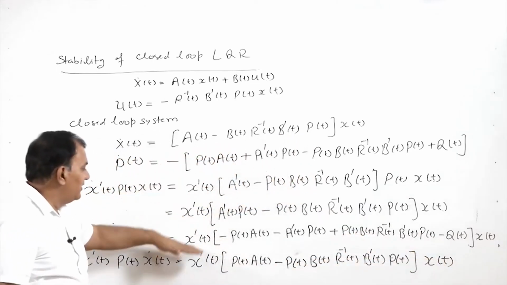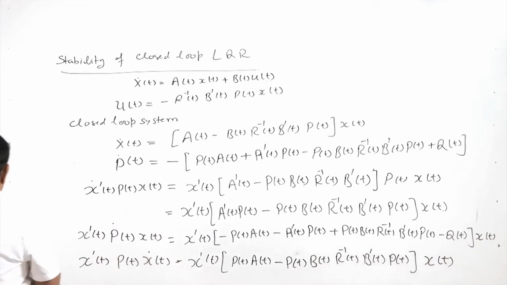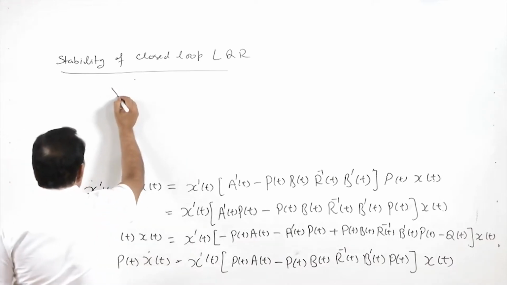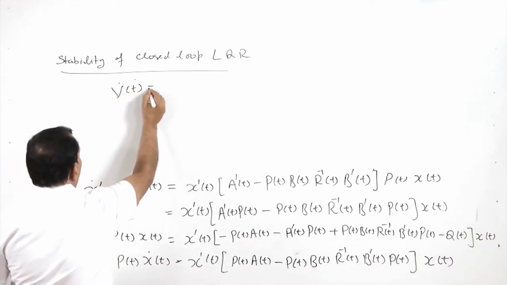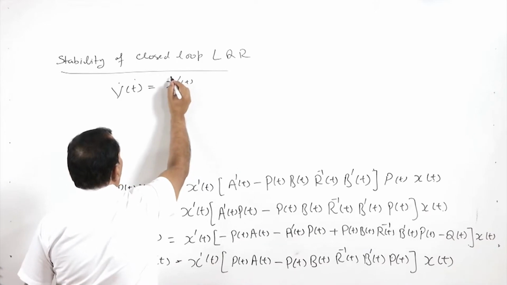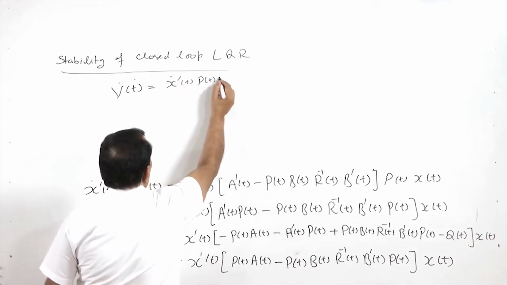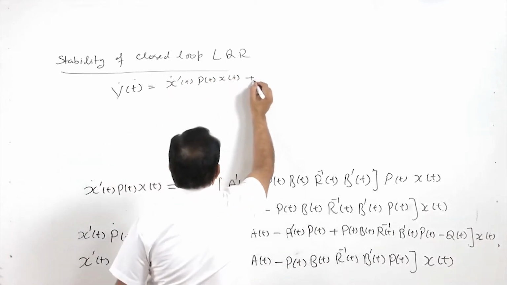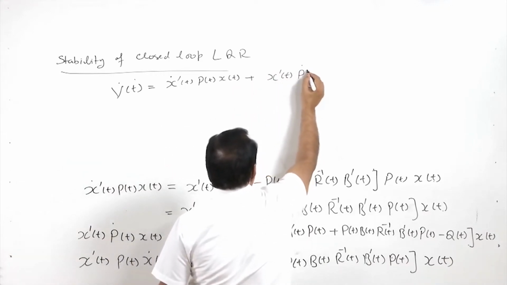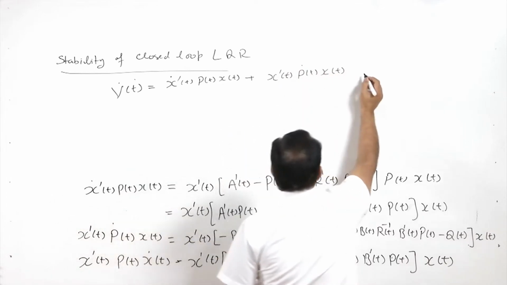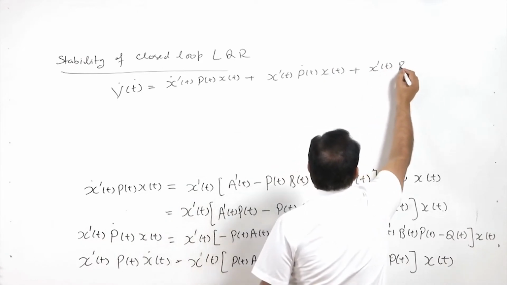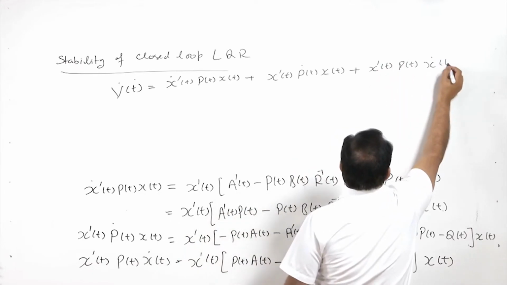So, once we add these terms, the overall term I can write as, so my v dot of t was x dot t x prime dot Pt xt plus x transpose t Pt xt plus x transpose of t Pt x dot of t.